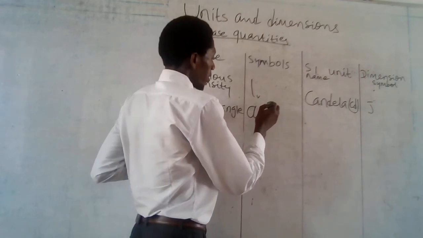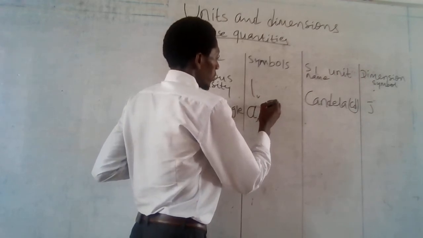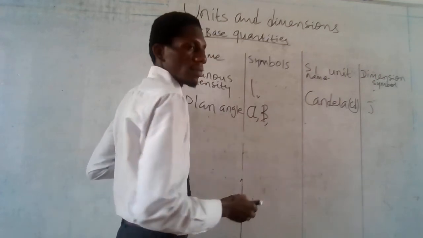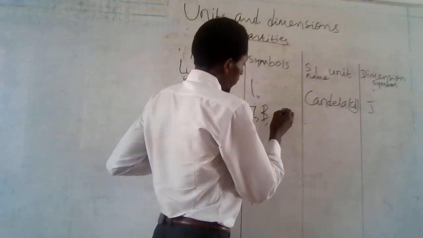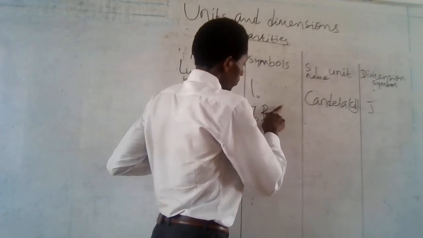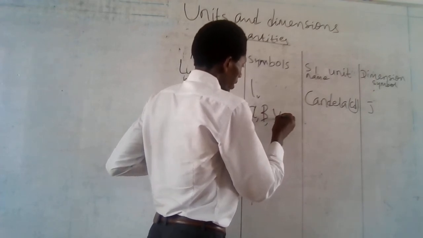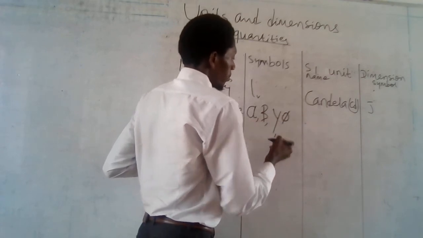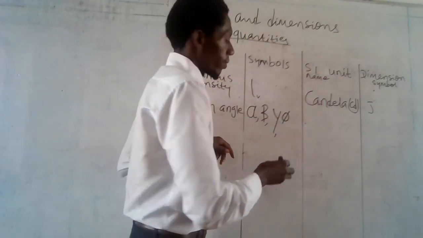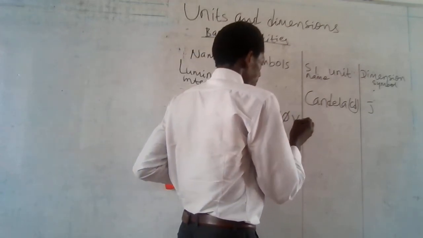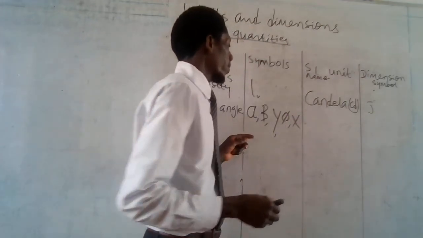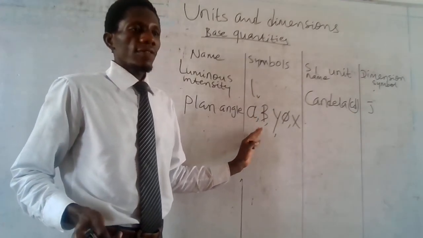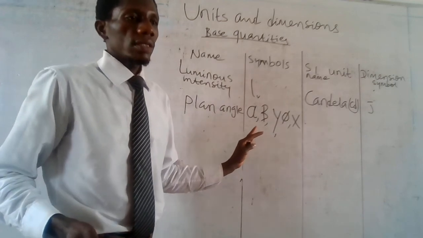We have beta, and then we have gamma, and then we have phi, and then we have X. All these are the common symbols for plane angle.